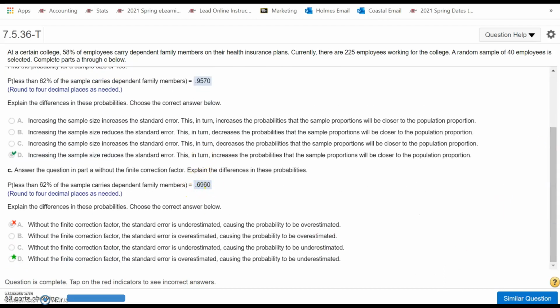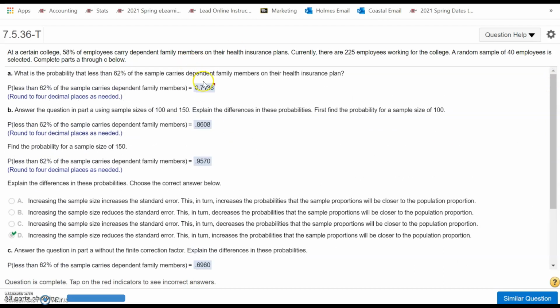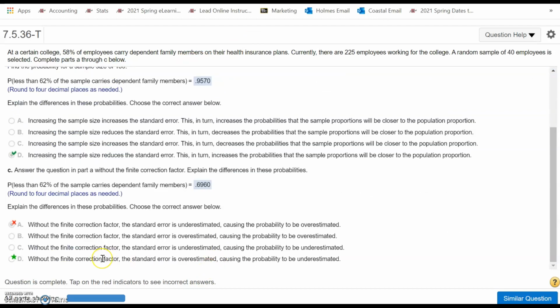See, it's 0.6960 and it's 0.7136 here. So that population correction factor is going to help the standard error be smaller, which is going to make your probability be higher. Let me know if you have any more questions.